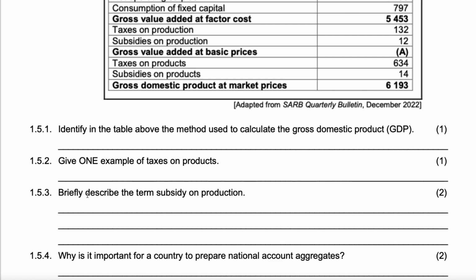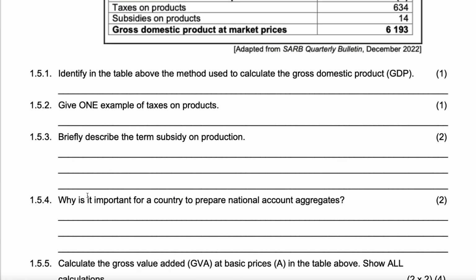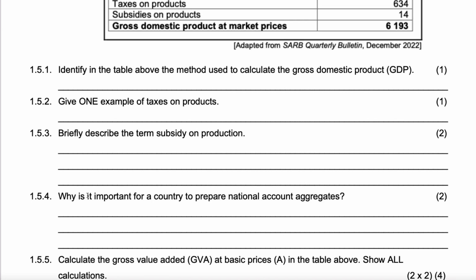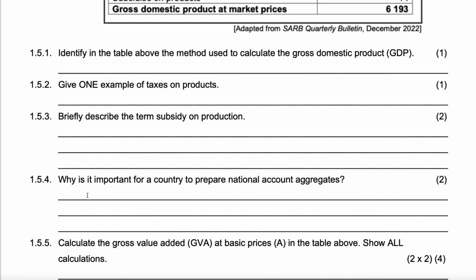Maybe we can also say financial assistance or support by the government to encourage employment of a certain demographic. Well, basically, we can say something like that. And they will accept any other response that's more or less the same as what I just said.